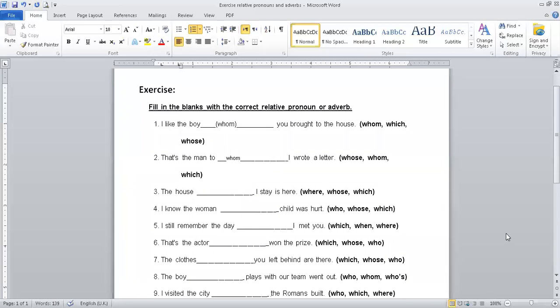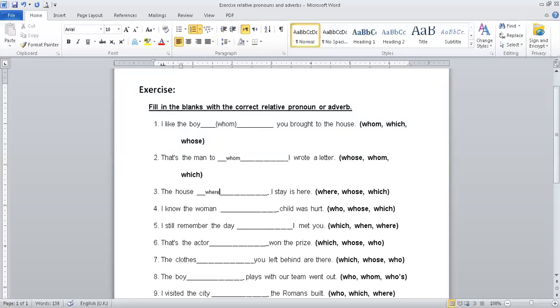The house I stay is here. The house I stay is here. We are defining a place. So we have where, whose and which. To define the place we use where. The house where I stay is here.